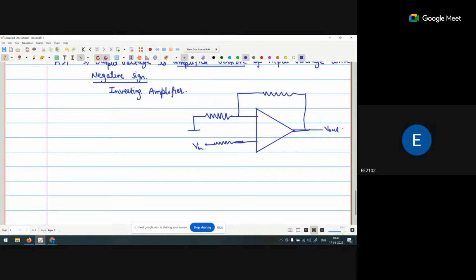Now this is my circuit. First of all, I have to identify the terminals. So what I do, I have to convert this circuit with negative feedback.